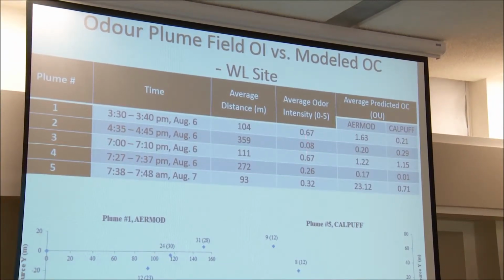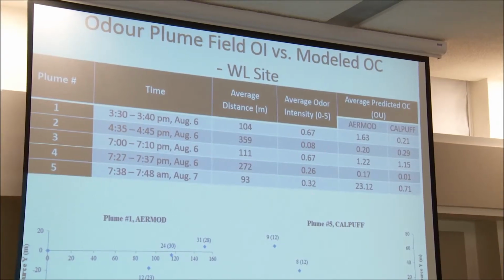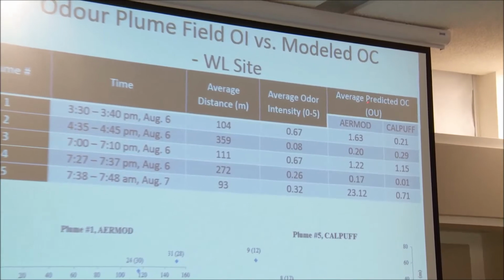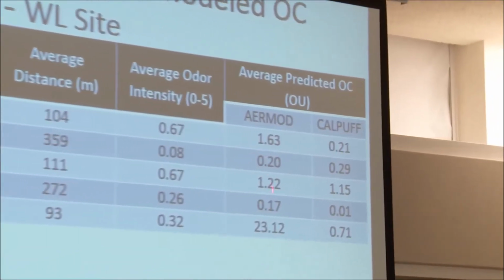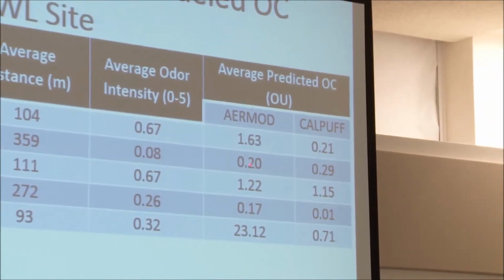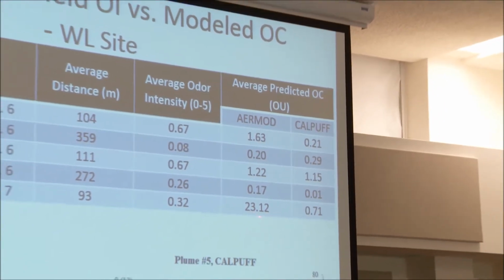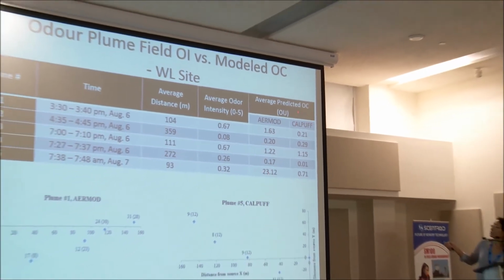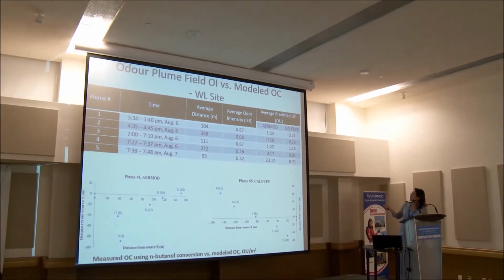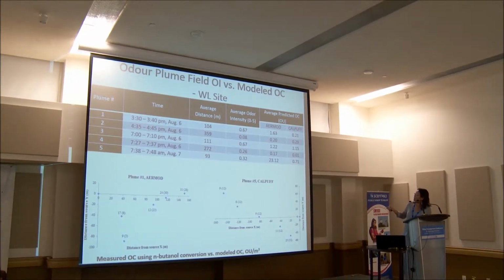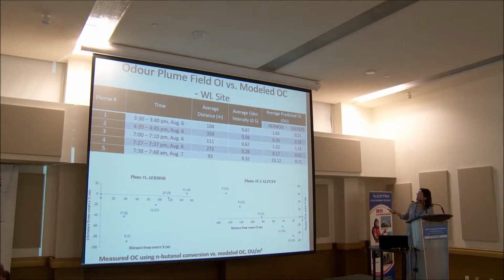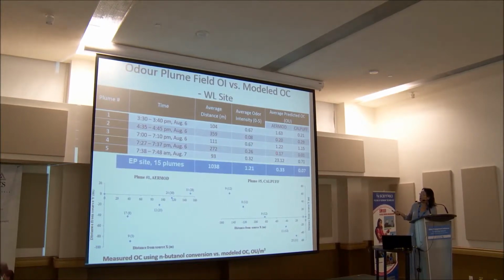It's lower than intensity 1, and some are very, very low. And then the average model predicted odor concentration is very low as well, except this plume. Somehow this plume got very high. We don't know the reason yet. And then if we compare CalPUFF with AERMOD, the CalPUFF predictions are always much, much lower than AERMOD.